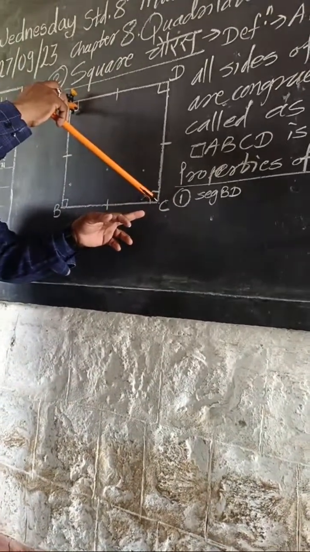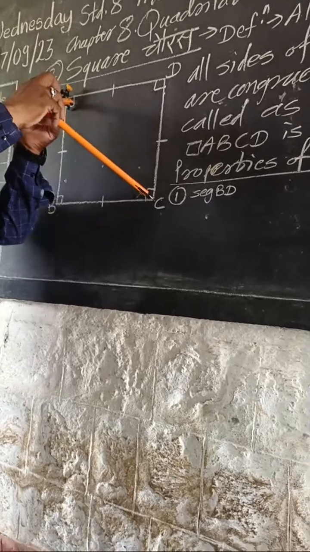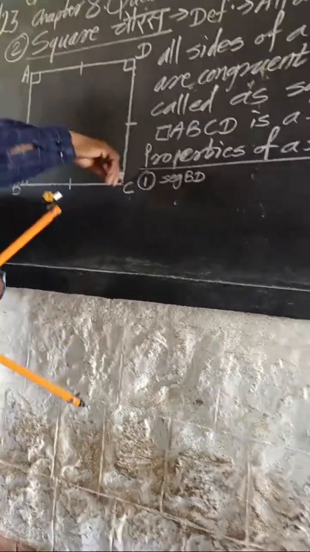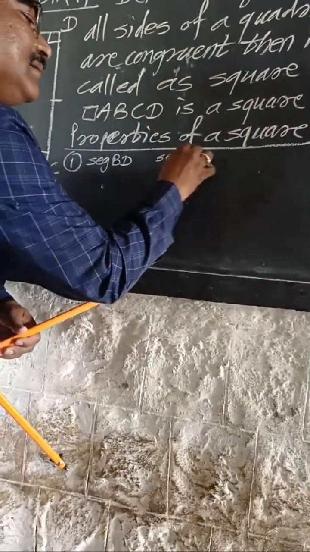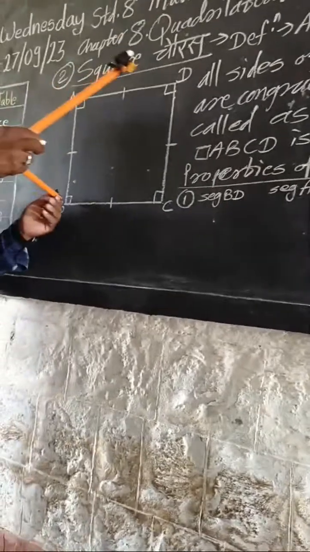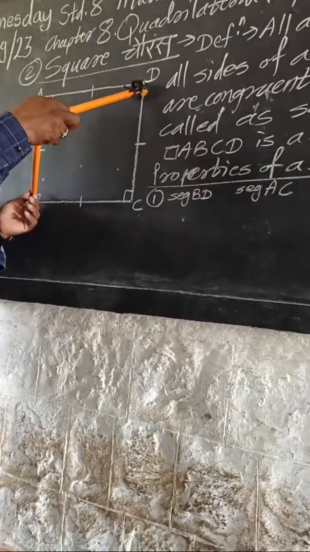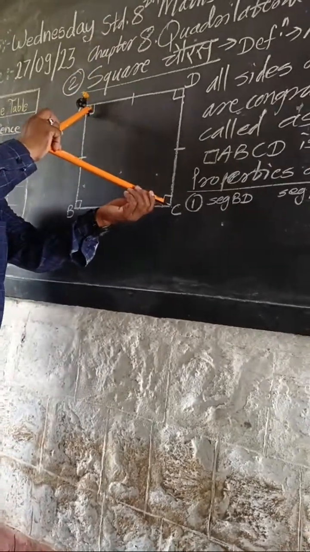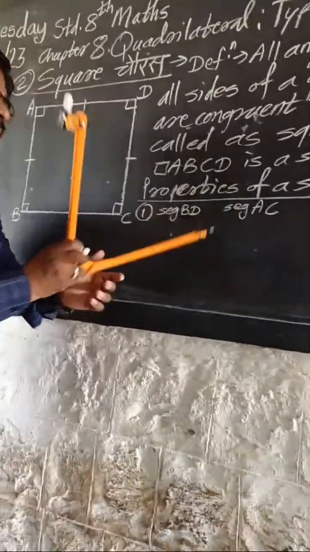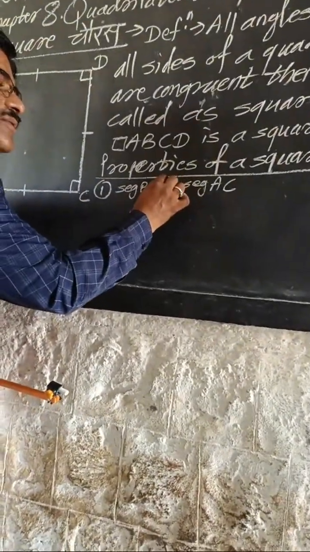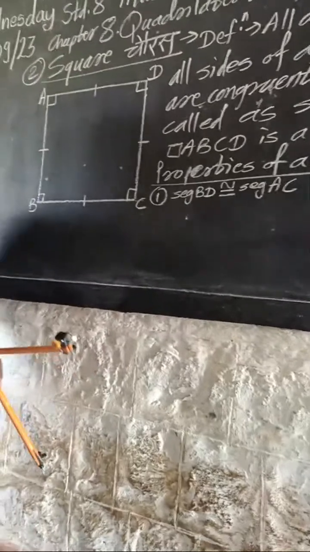The name of the other diagonal is segment AC. The length of BD and the length of AC are equal, meaning the two segments are congruent.